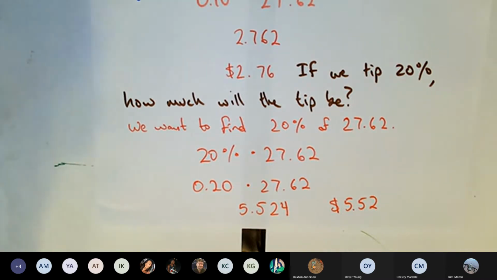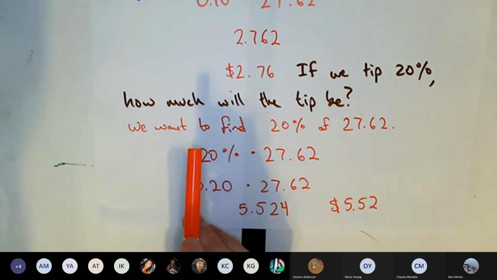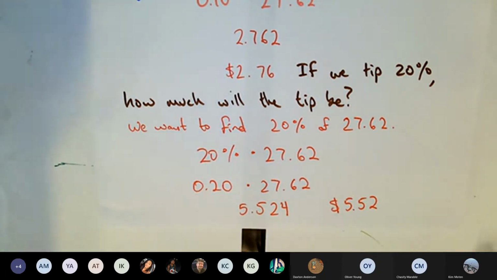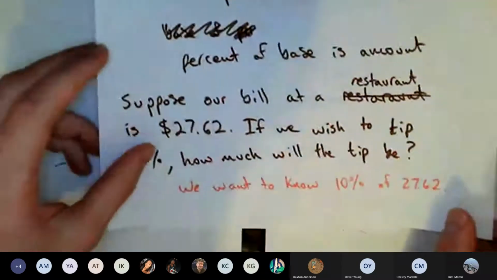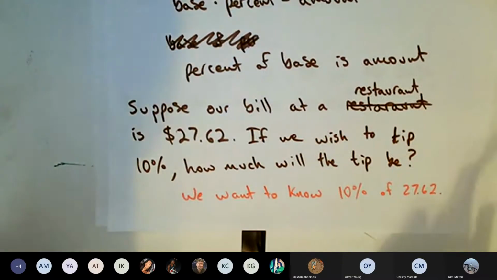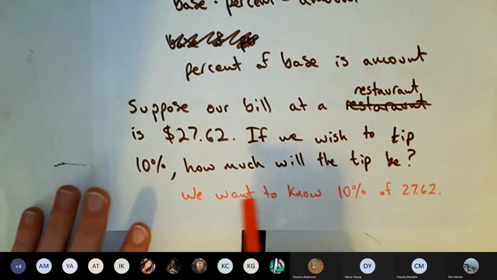Okay. So yes, if you're thinking, could I just find 10% by scooting the decimal out by 1 and then just doubling it? Yes, that's a legitimate way to do that, especially if you're trying to do this in your head. If you want to tip 20%, which is like standard, right?